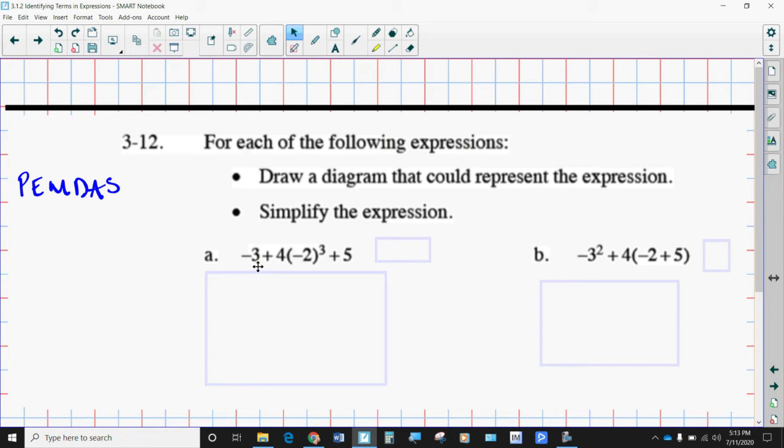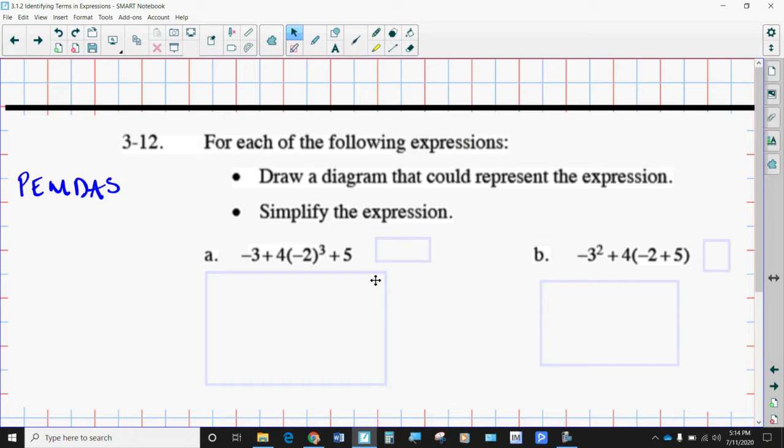So basically what I want you to do is just copy them down and go through the order of operations to simplify each one of these numerical expressions, okay? So go ahead and pause to copy these down, and then if you choose to circle the terms and then simplify each term before adding them together, you may do that, or you can just use PEMDAS like you've used since probably 4th or 5th grade, okay? Come back when you're ready.